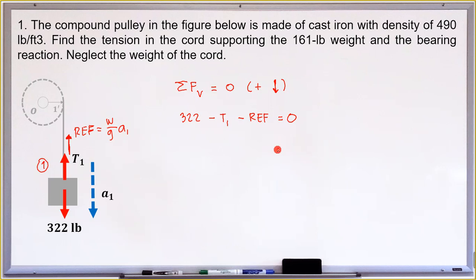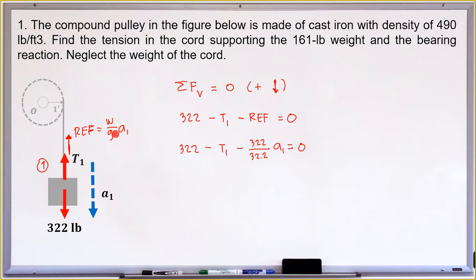Next, REF is weight over G. So 322 minus tension 1 minus 322 all over 32.2 times A1 is equal to 0. Now let's rearrange this one, acceleration 1 first, then the tensions.